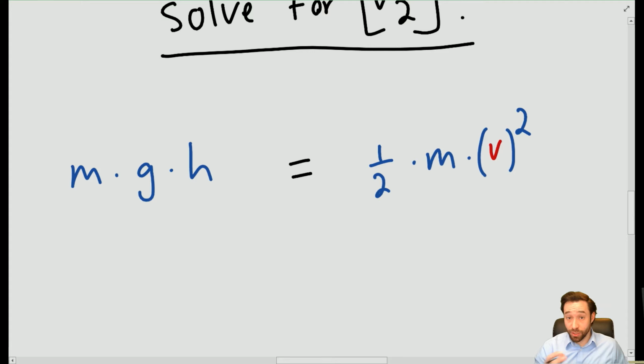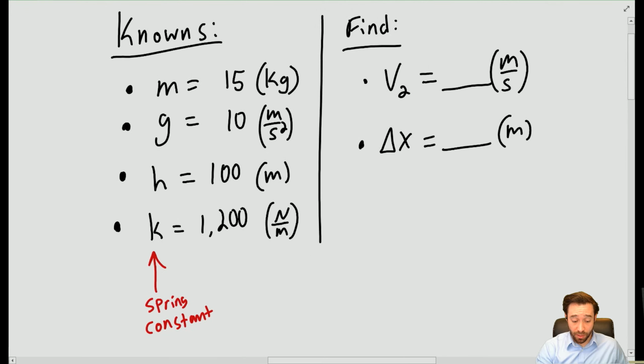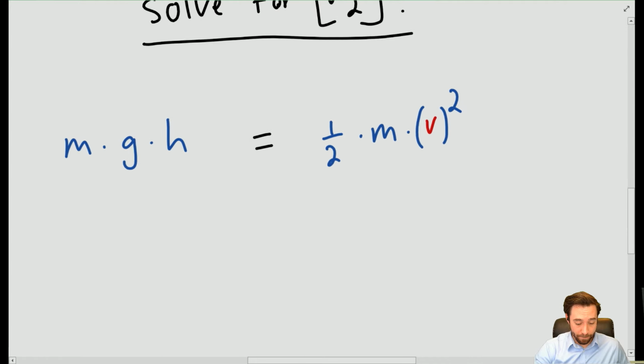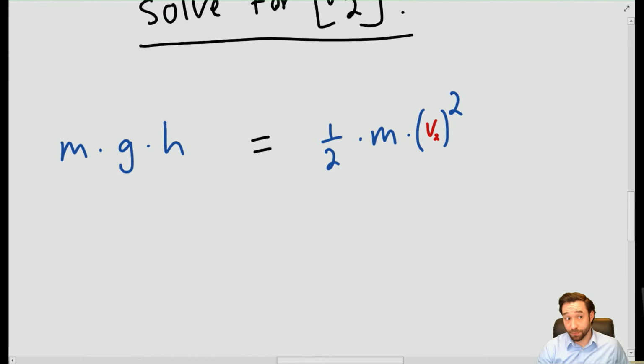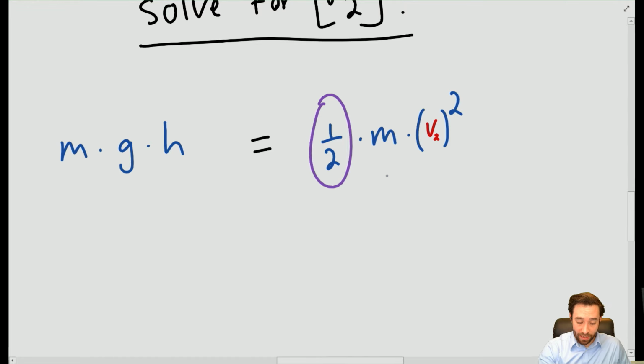We're not even going to worry about what our knowns and finds are. Since we're trying to find V, this 2 right here, the subscript 2, means state 2, the velocity at state 2. To solve for V2, I need to get rid of this 1/2, this m, and that square.